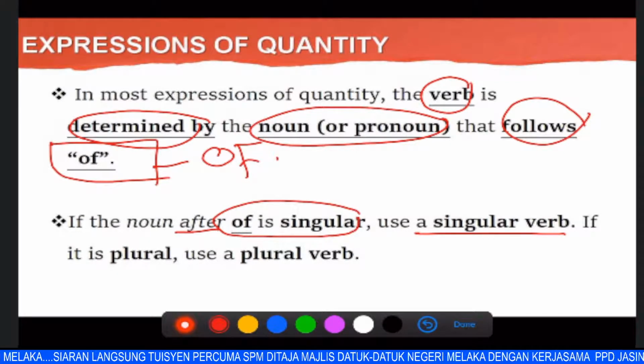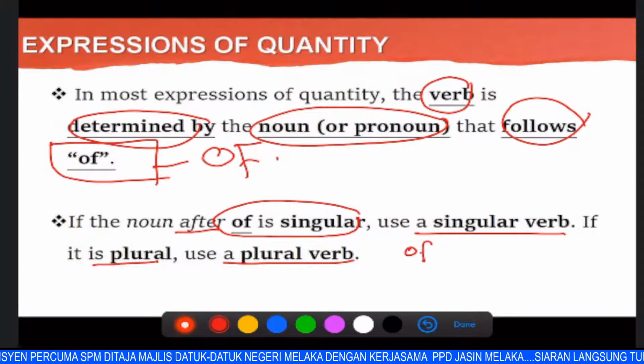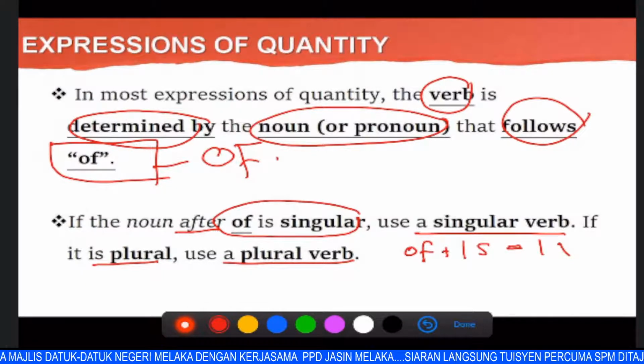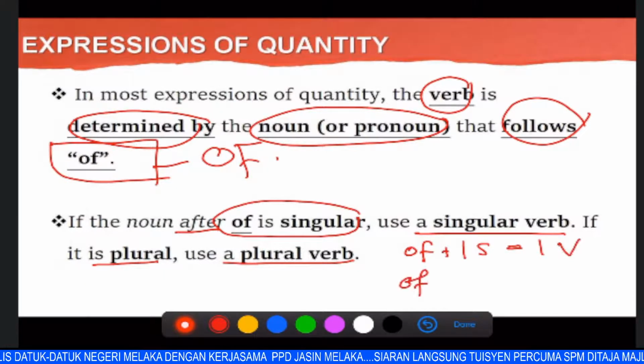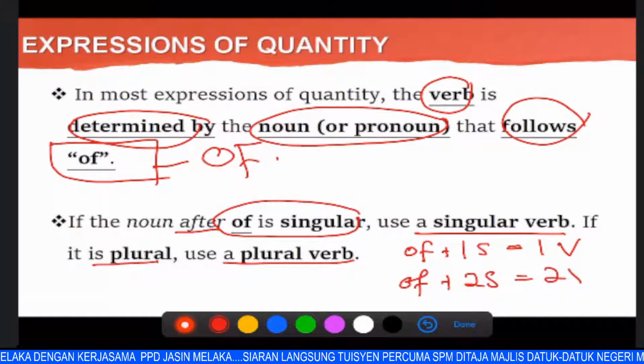So vice versa. Again, it applies the rule of of plus 1S equals 1V, or of plus 2S equals 2V.